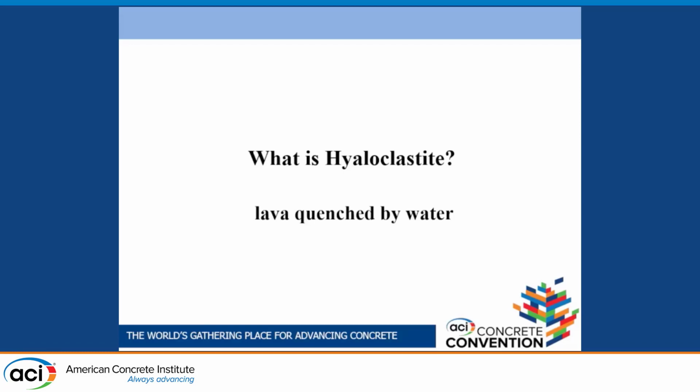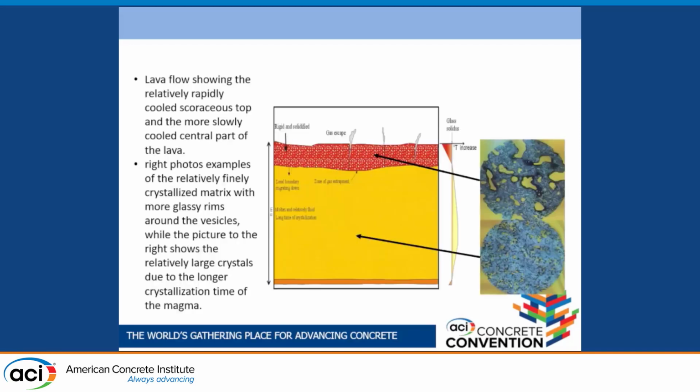And this broken glass is produced by lava erupting under the water. It's sort of like nature making slag cement. Lava, high temperature, if it erupts underwater, shatters and quenches, it arrests development of crystals.